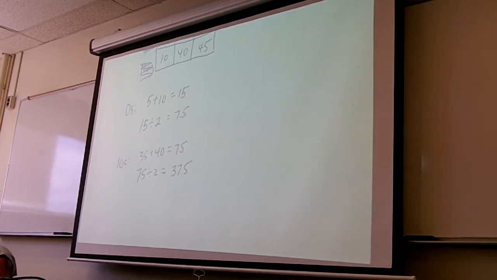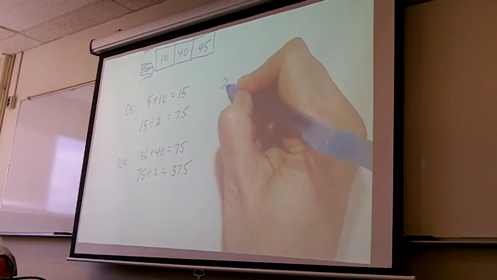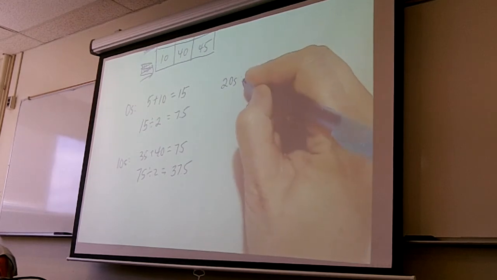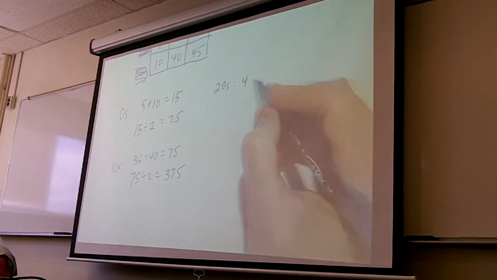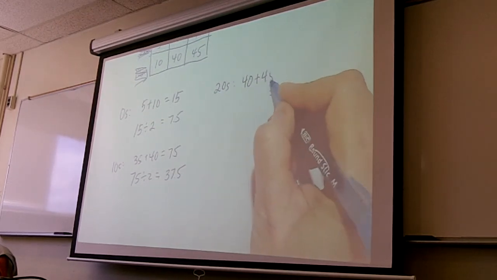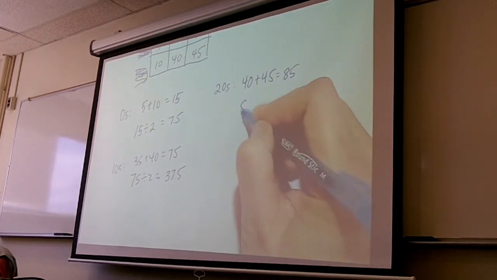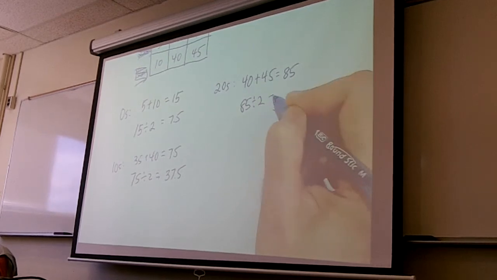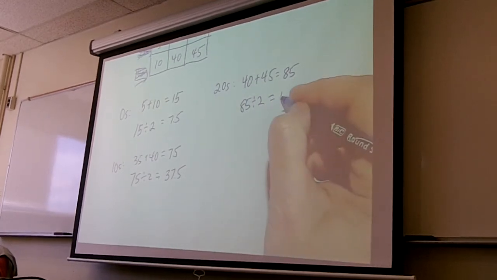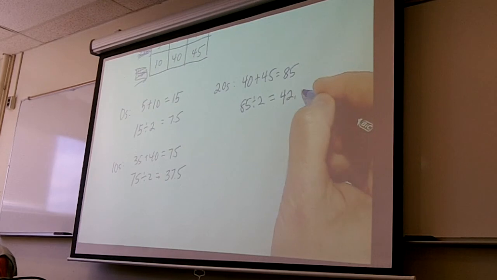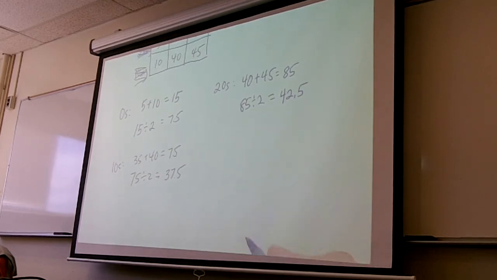And then we have 20 seconds. I'm going to add 40 plus 45. That equals 85. 85 divided by 2 is 42.5.